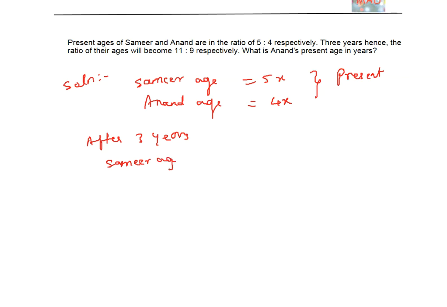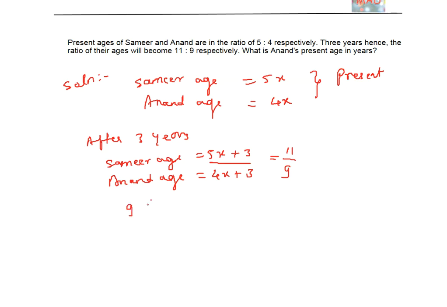Samir's age is 5x plus 3, correct, and Anand's age is equal to 4x plus 3. Their ratio is also given, that is 11:9 after 3 years. So now we have this equation, we can solve this equation.